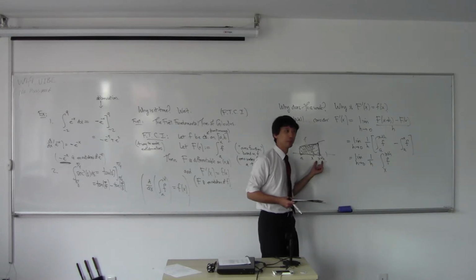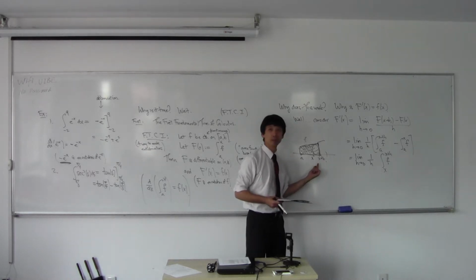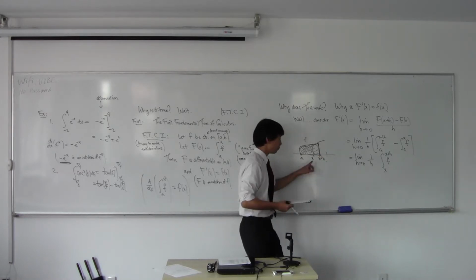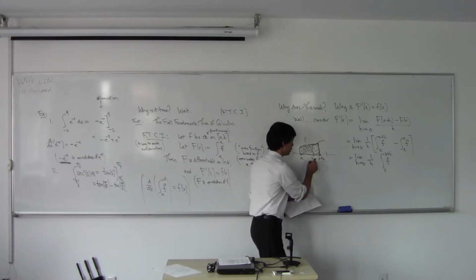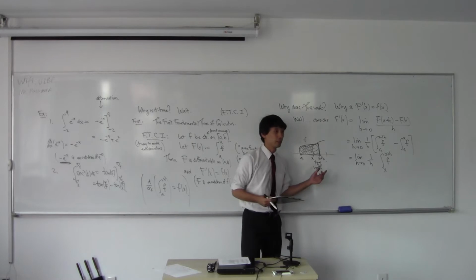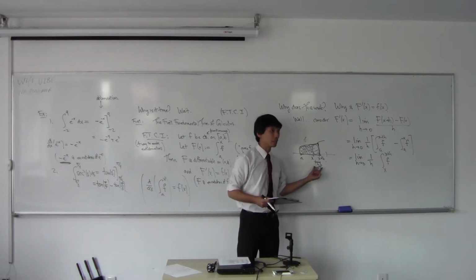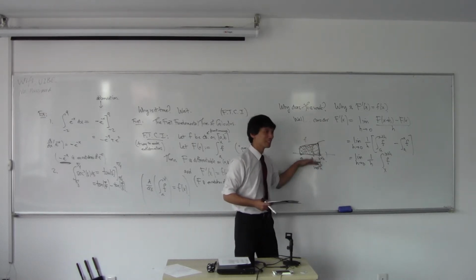What does that give you? Where is the h in this picture? What's h? Width, actually. So h is this width. Yeah, or length, but I'm not going to call it length.